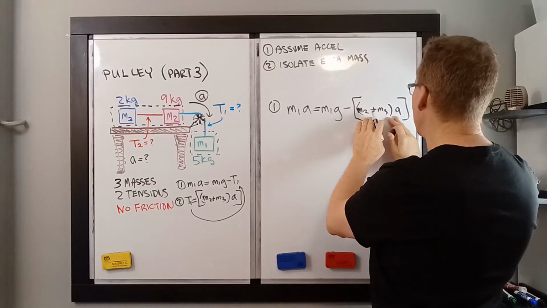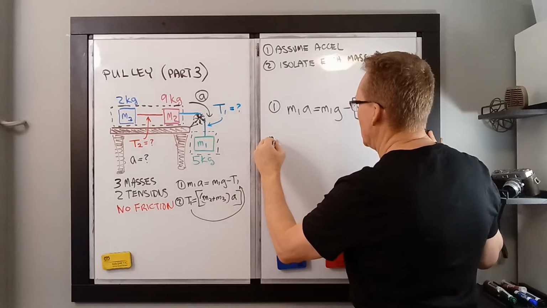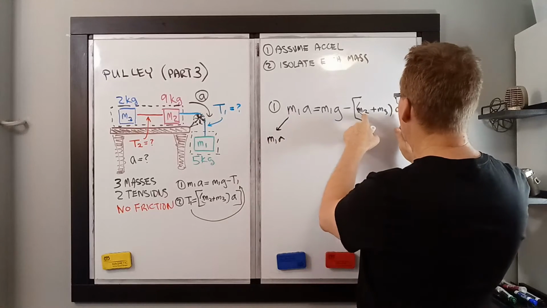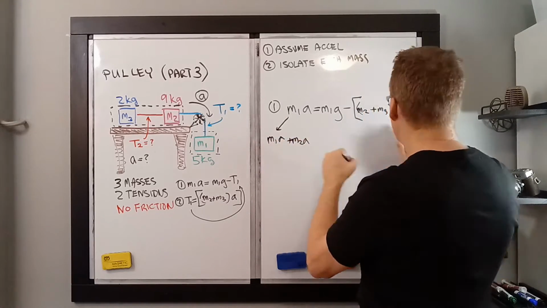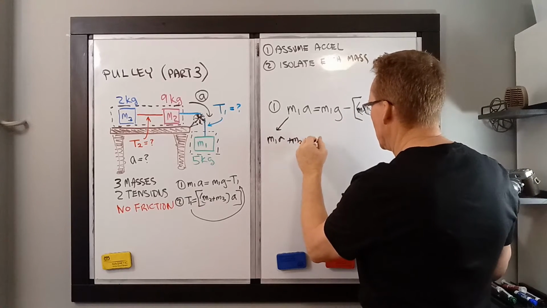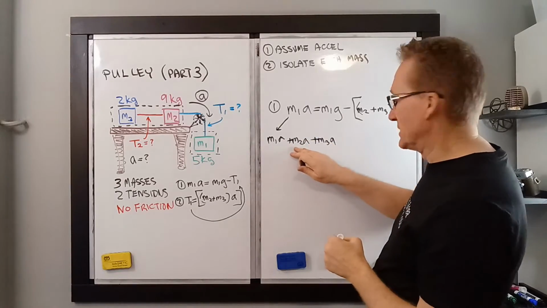So I'm going to take these things and multiply them out. I'll start off with m1a, that's this term. And then these two terms, I move them to that side. I'm going to have m2a plus m3a. It's going to be a minus here, so it's going to be plus on this side. Hope my writing isn't getting a little messy here.